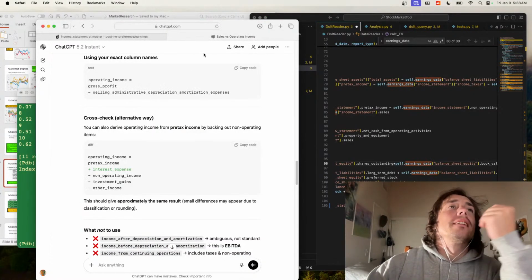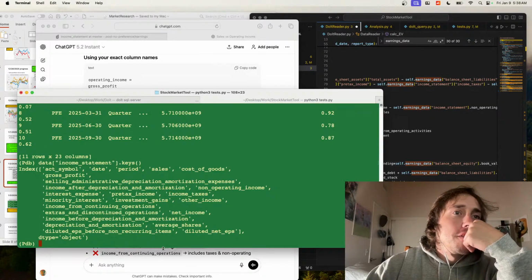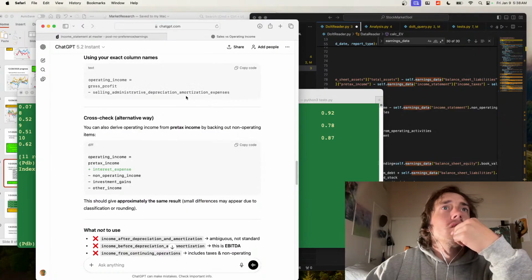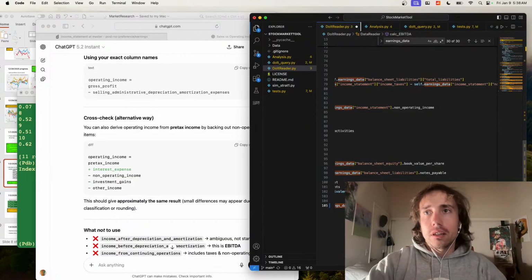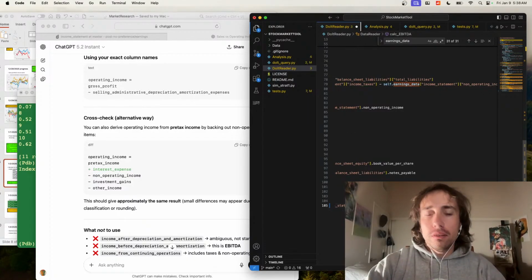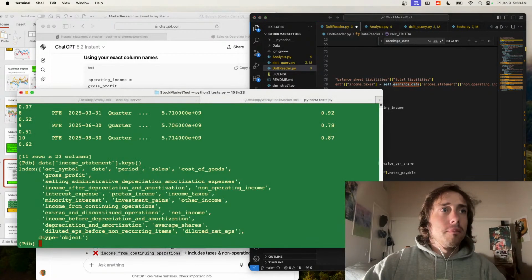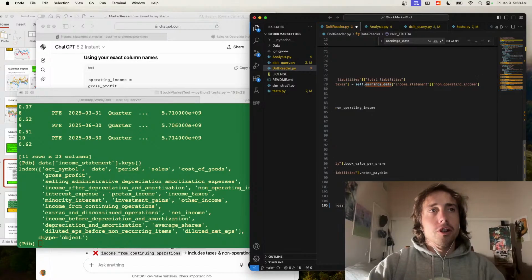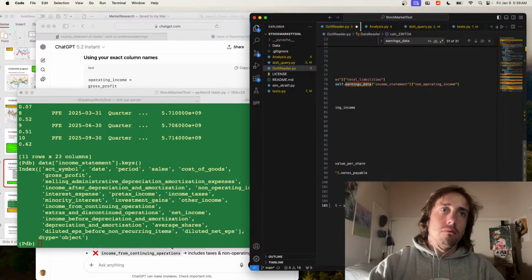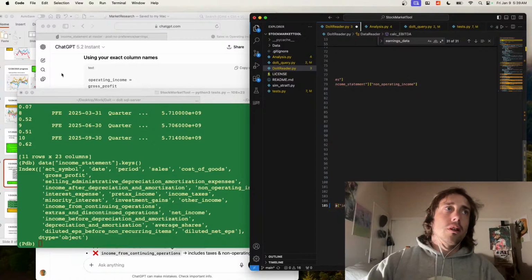So how does that make any sense? Gross profit, gross profit, gross profit. Oh yeah, I guess gross profit already takes into account the expenses. Okay. Minus selling underscore administrative depreciation amortization expenses. Okay, cool.